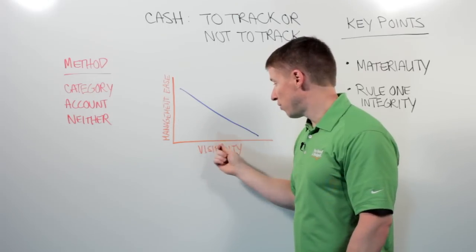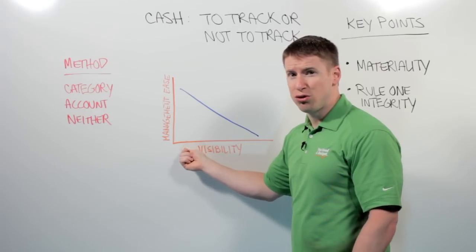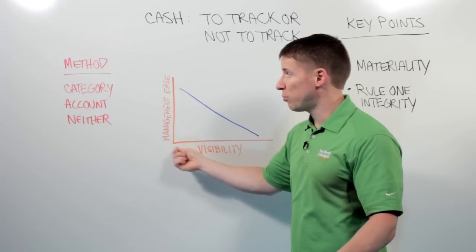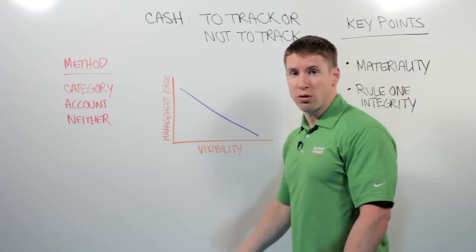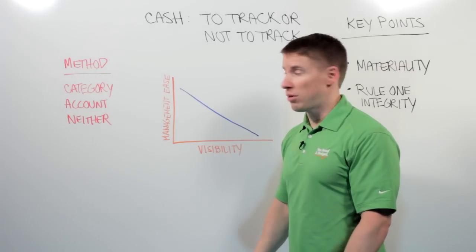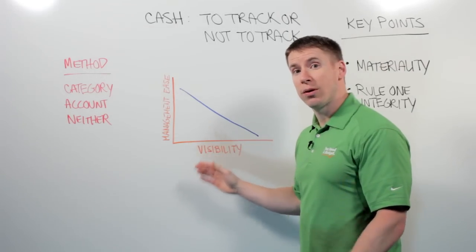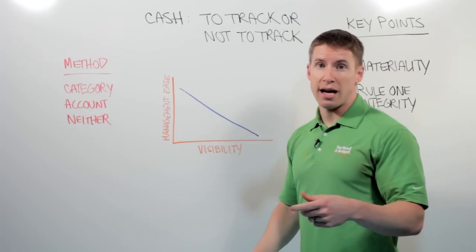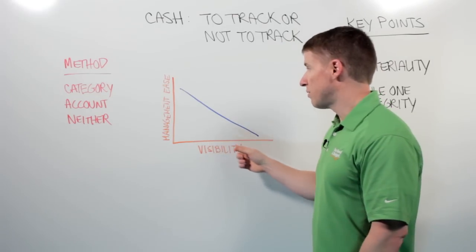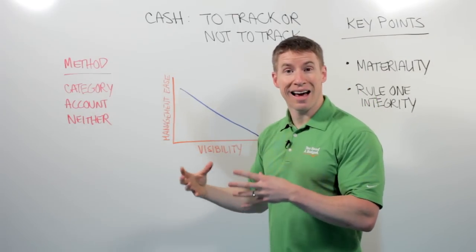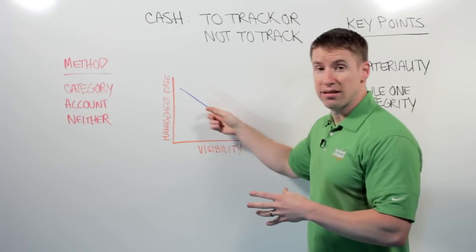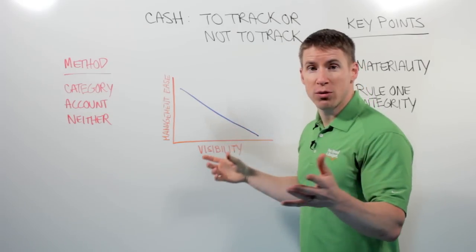And then if your visibility is down that low, you don't want to have to do a lot of management, so you'll probably just use cash as a category, or my approach, just when you spend cash, record it in whatever category makes sense. If you need the visibility because you actually do spend a lot of cash, that's important. If you need that visibility, you may want to go with the account method, where you're tracking cash on hand as an actual account. Is it as easy to manage? No, but it might be worth it for you.